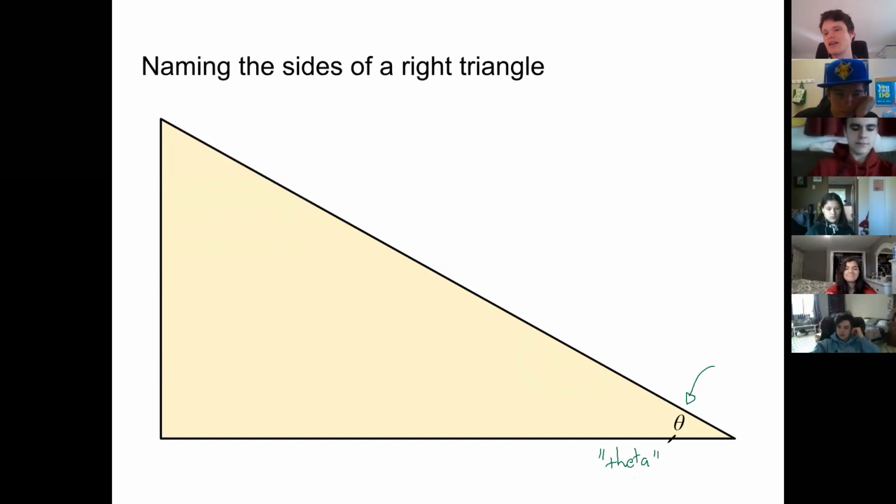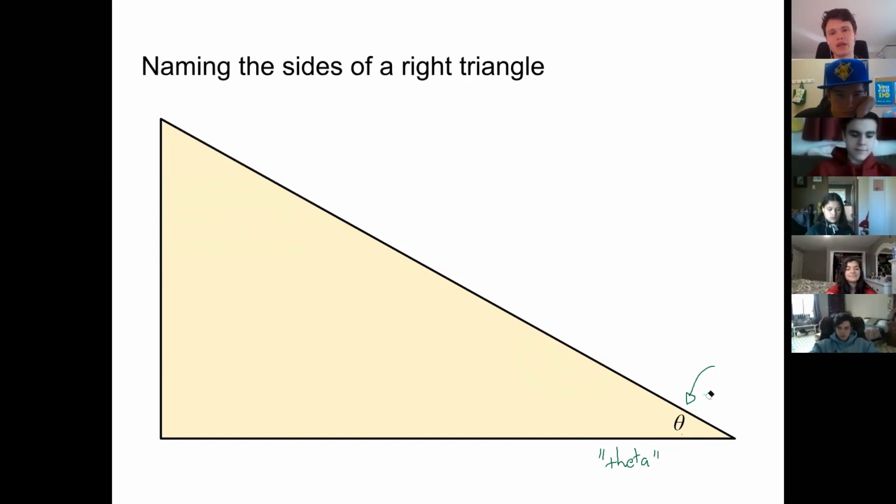And we could call an angle X or Y, but we almost always call these angles theta. That's the most common. So this symbol is just like X or Y. It's a variable that is unknown, and it's usually given to an angle. You may also see other Greek letters like alpha and beta.